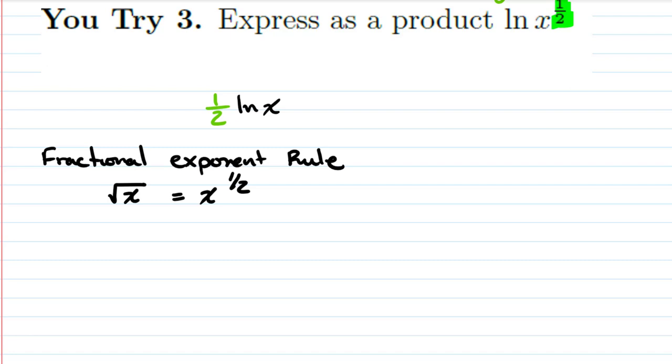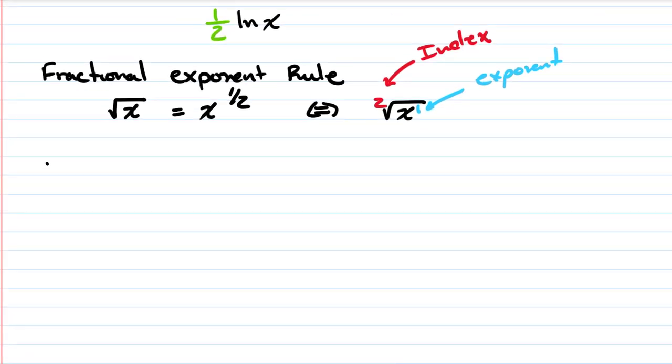This has a couple of things that we need to remember. So on a square root, even if we don't write it, the index is 2, and on our variable on the inside, even though we don't write it, the exponent is 1.